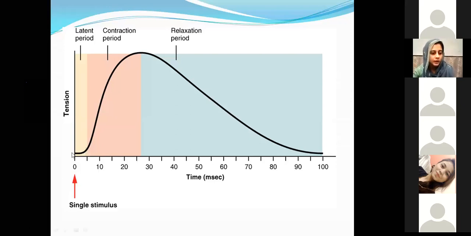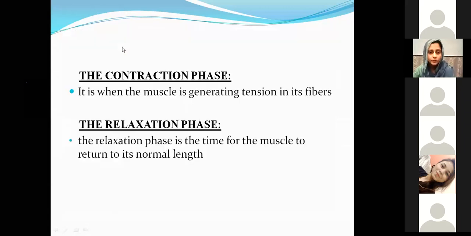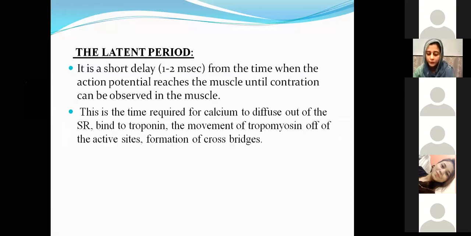So you can see here this is the time on your horizontal axis, and this is the amount of force, the tension that we are giving to the muscle. You can see here this is a single stimulus that we are giving to the muscle. उसके बाद ये millisecond का जो एक period आ रहा है, that is your latent period. उसके बाद फिर एक contraction period आता है, and then comes the relaxation period जहाँ पे muscle relax हो रहा है. So we will see कि इन तीनों phases में क्या हो रहा है.